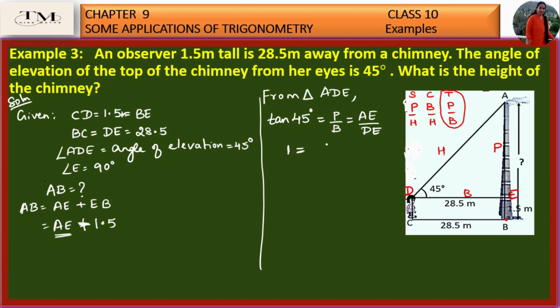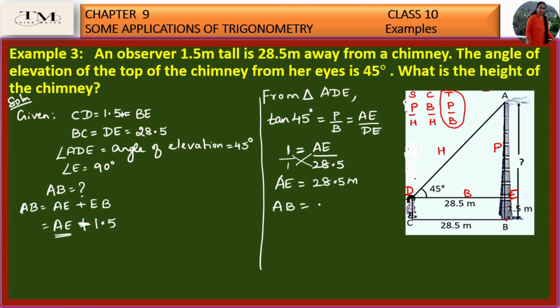So 1 is equal to AE by DE. What is DE? DE is 28.5. Just cross multiply. The denominator is 1. So 1 into AE is AE equal to 1 into 28.5, which is 28.5. So AE is equal to 28.5 meter.